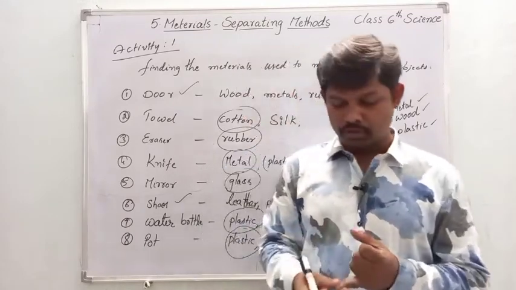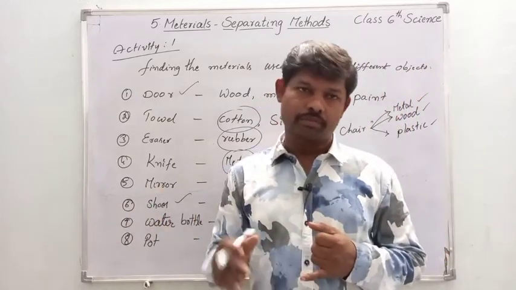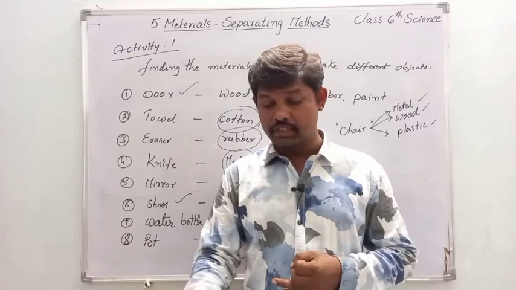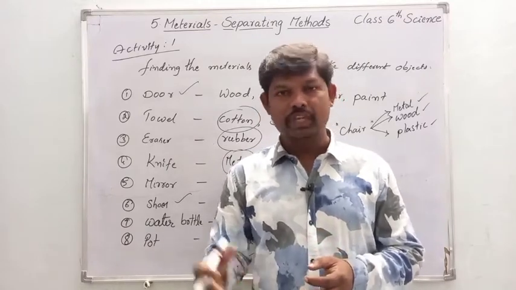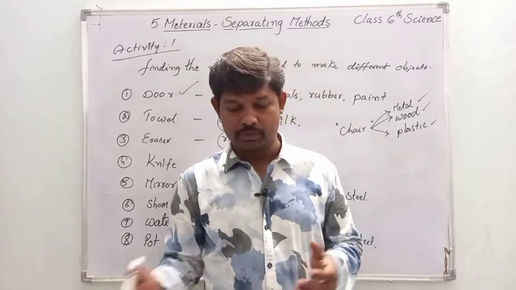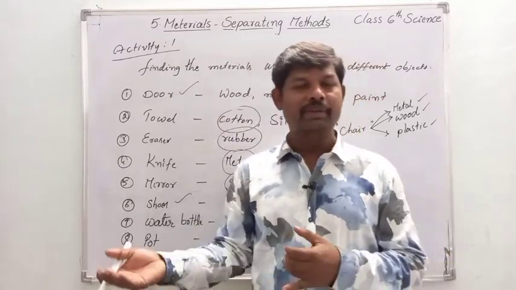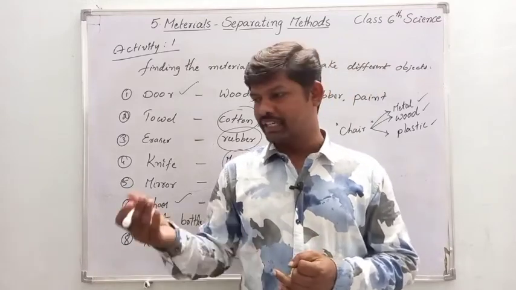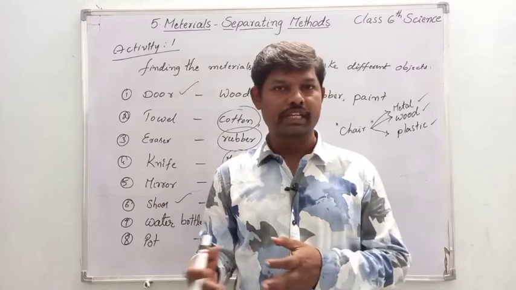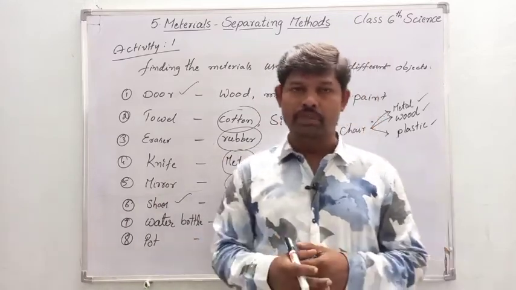So by using metal, what objects can we prepare? The list already has some object names, so you can add some more. For example metal utensils is given, so you can add a metal chair, metal tumbler, metal scale. So like that you can expand this table.